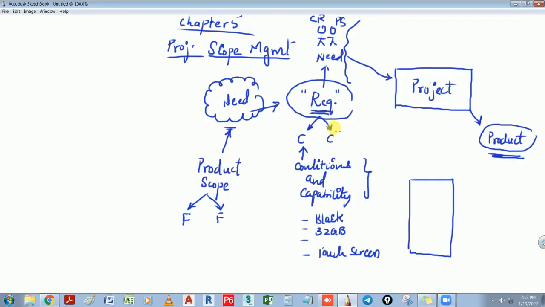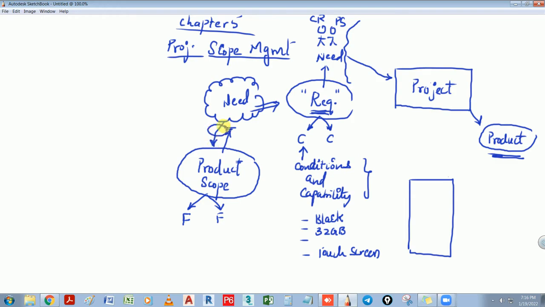It's the same meaning. So we can almost say that product scope is almost equal to the requirement of the customer. It has to be the same thing. I cannot make something which the customer does not want. So my job is to convert the need to product scope.